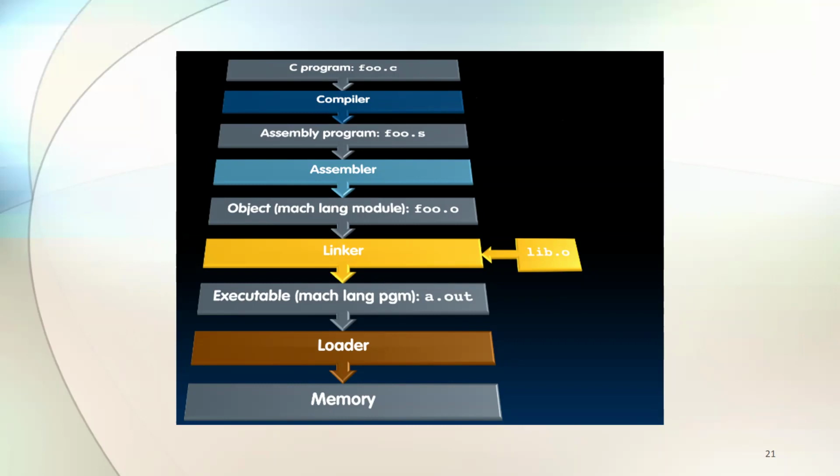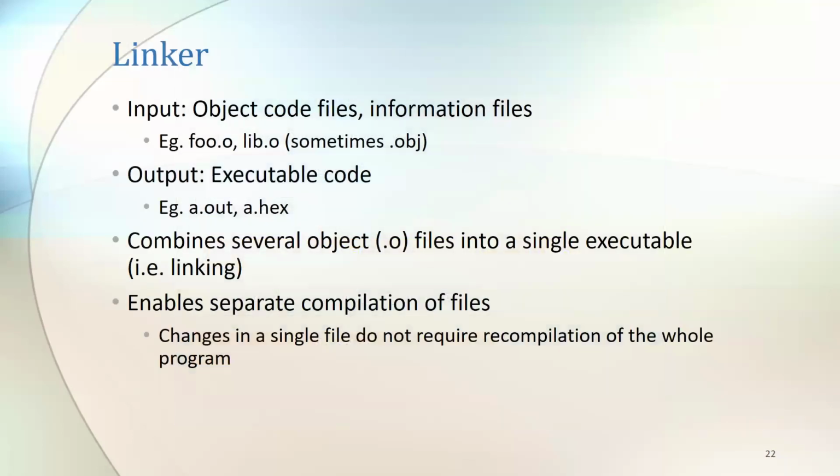While your program is running, Windows or whoever else will call in that library and link it in on the fly. That's what we call dynamic linking, but I won't get too much into that. So that's what linking is in a nutshell.